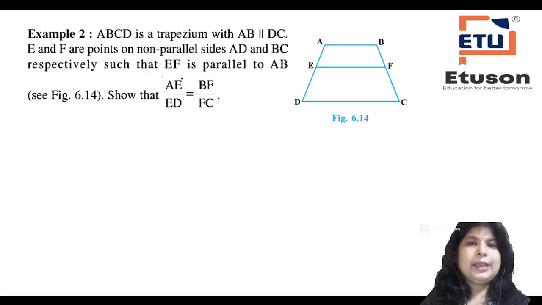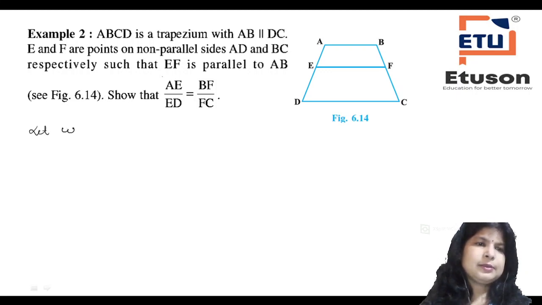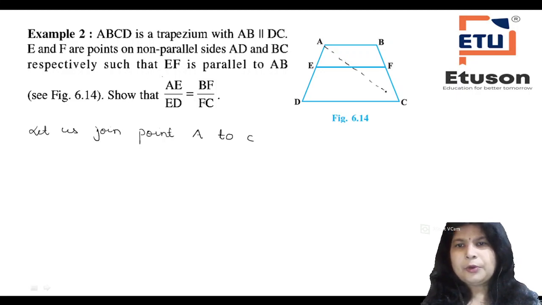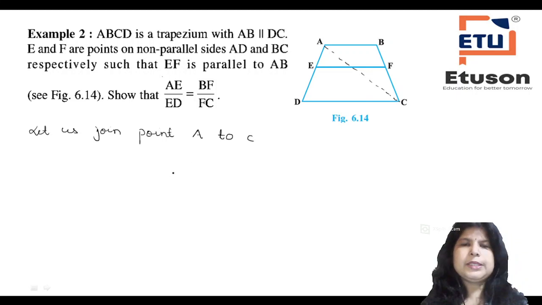Prove that AE by ED is equal to BF by FC. Correct? So now let us join point A to C.